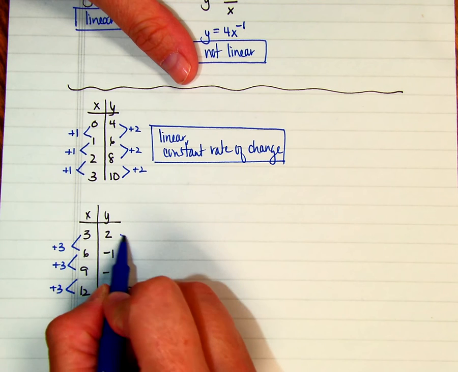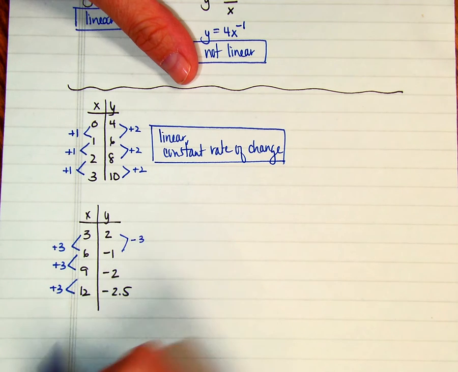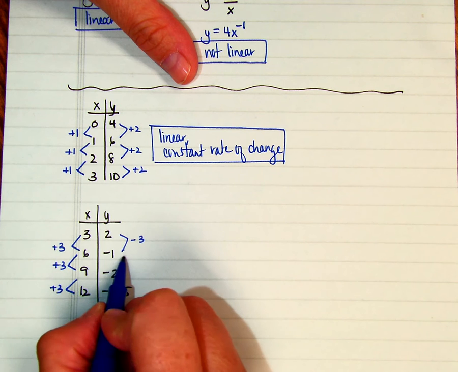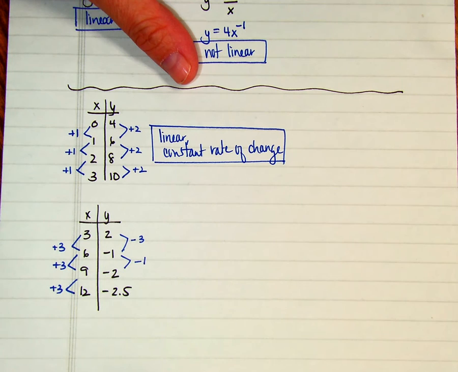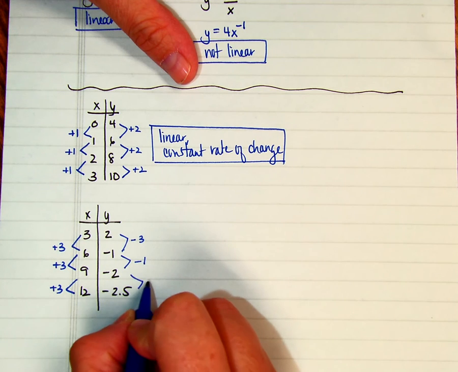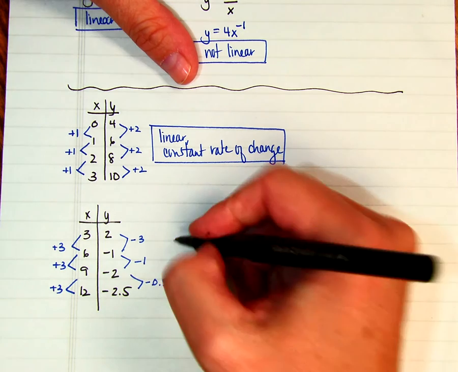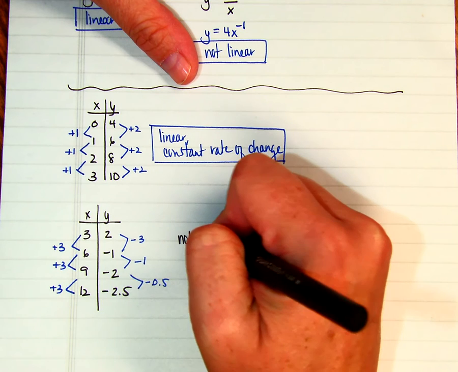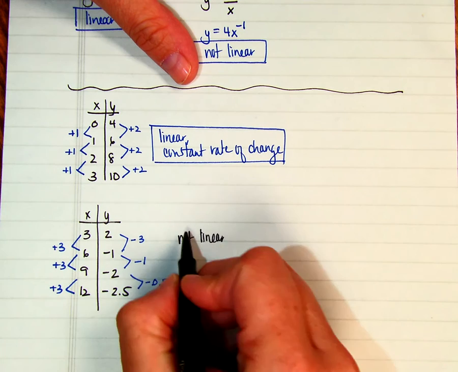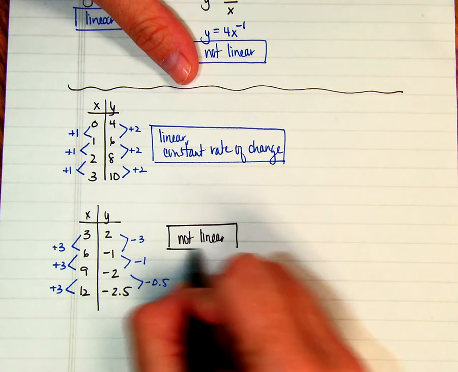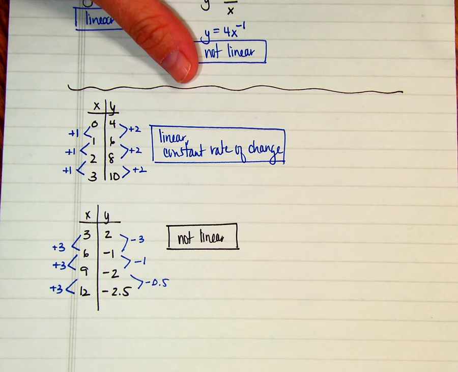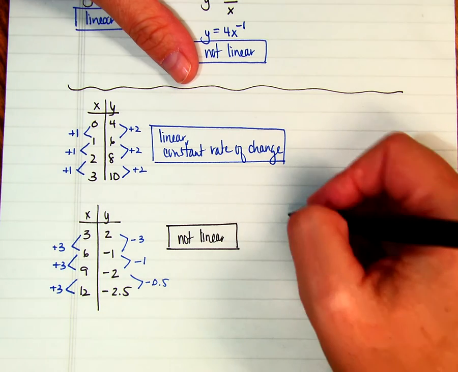But from 2 to negative 1, we went down 3. Here we went down 1, and here we went down a half. This is not linear because it does not have a constant rate of change. Let's do another one.